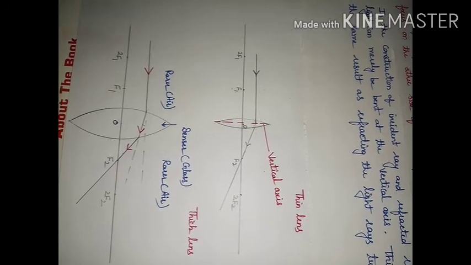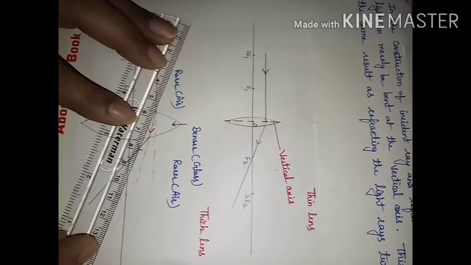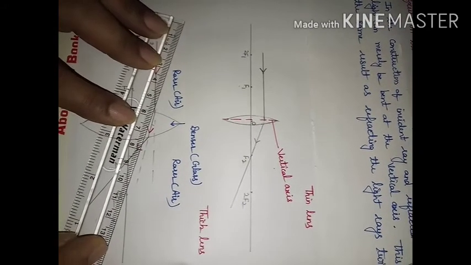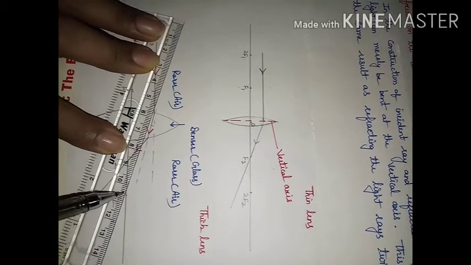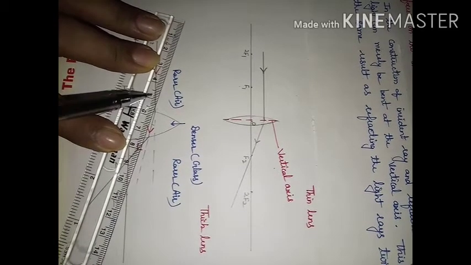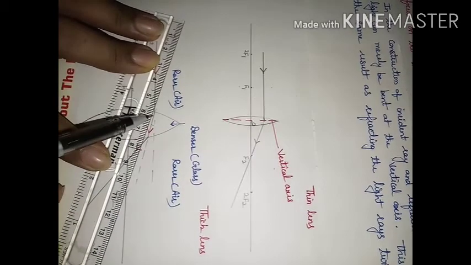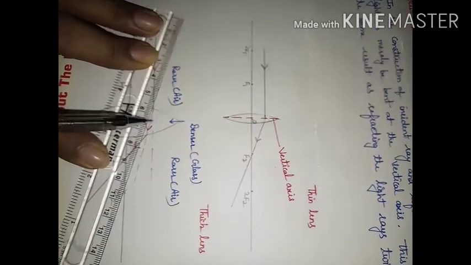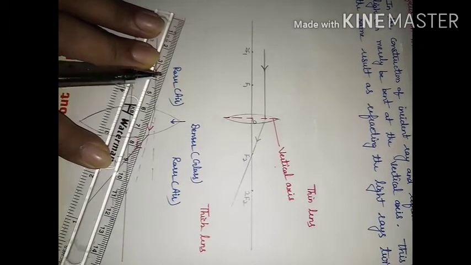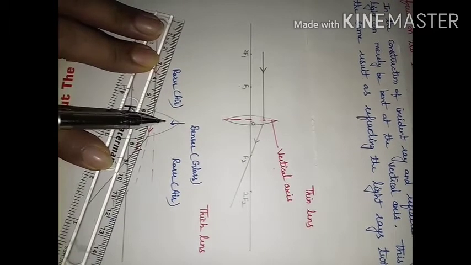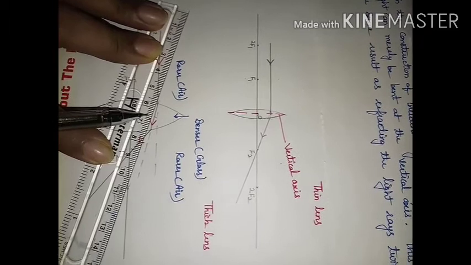And if you will see the position of normal here, then like this position of normal will come. This point you will join to its center of curvature. This is normal position. This, where I am going to move this pen, this is a normal position. So ray of light will not go straight. When it is going from rarer medium to denser medium, then it will bend towards the normal.